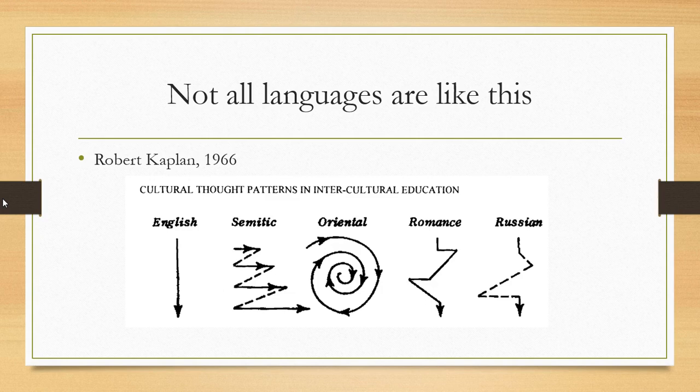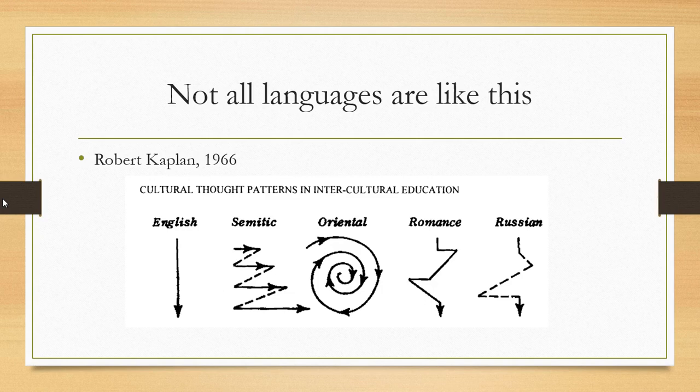So if we look at this picture from Robert Kaplan, who was a linguist in 1966, you get a visual representation of how other languages tend to organize. English is fairly A leads to B leads to C. We're fairly direct in English.